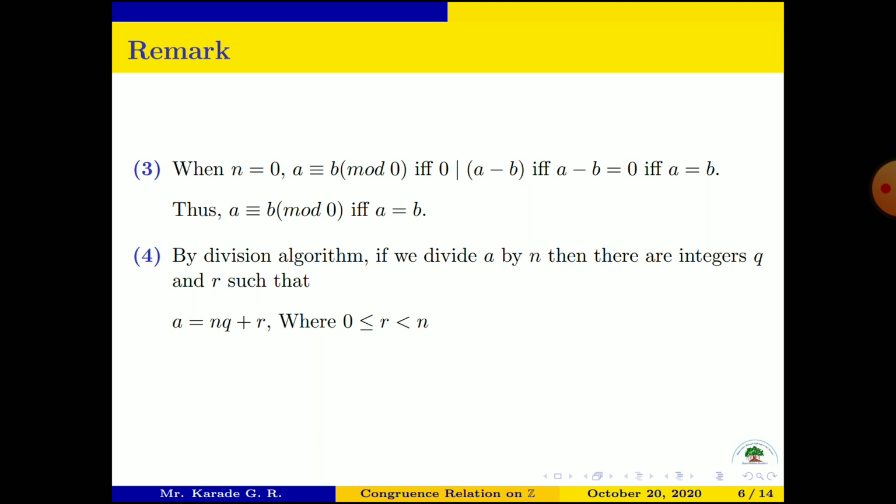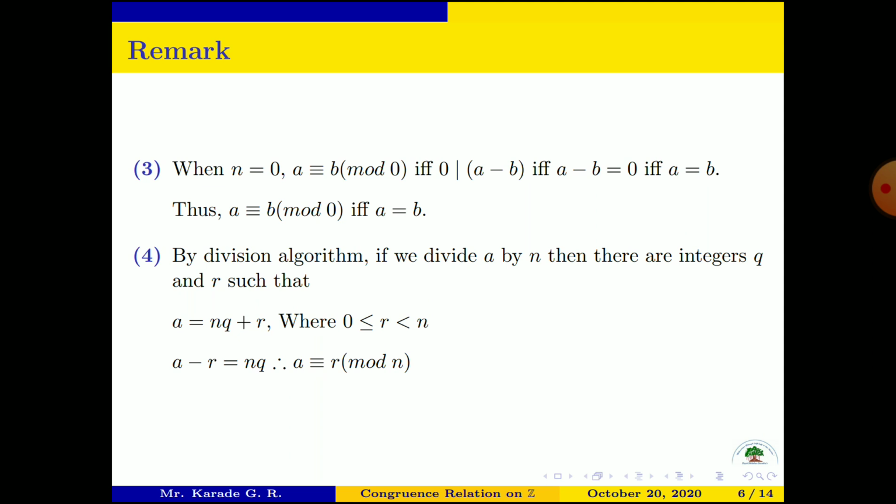So q is the quotient and r is the remainder. A minus r is equal to nq. From the above equation we can write A minus r is equal to n into q.